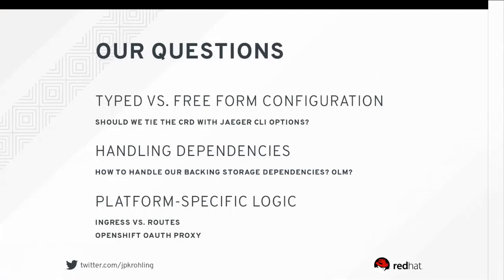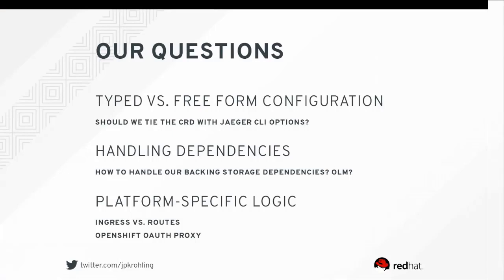And in the process of developing the operator, we also got some questions. So those are the open questions, and we don't have good answers yet. So the first one is, typed versus freeform configuration. So on one side we have a human, an operator, that wants to pass an option to the binary, and in between the binary and the person, we have the Jaeger operator. So should the operator just relay the options from the user to the binary?